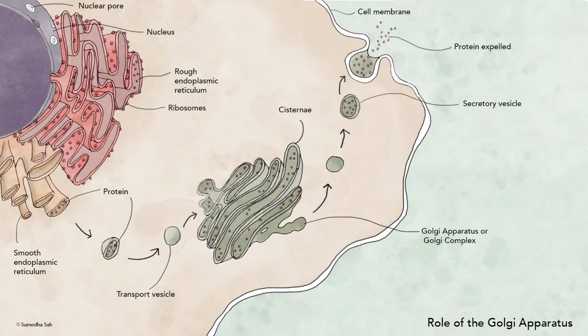So they might be proteins and they might be lipids. And they're carried there from the ER in those small membrane-bound vesicles. So you get a vesicle coming from the ER, it goes very close to the Golgi membrane, it fuses with the membrane, and now those lipids or those proteins are inside the Golgi complex.